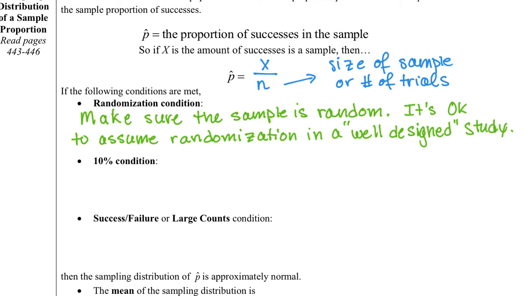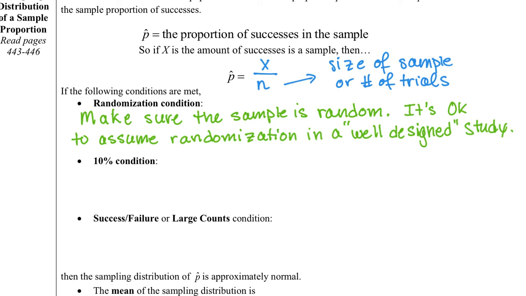Sometimes you'll be reading a scenario and it will say this information came from a well-designed study, so that should give you a clue. Sometimes it will even just say a designed study or a scientifically designed study. Those kinds of terms are implying that randomization did occur.